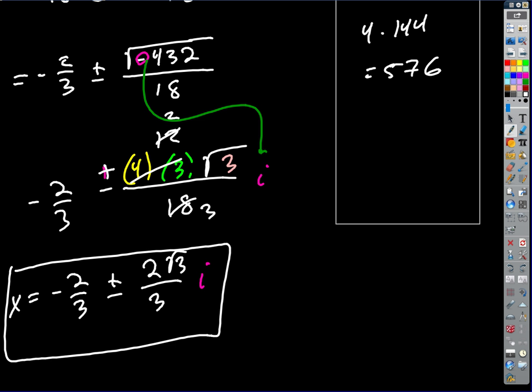But no, you can't do that, because this 2/3 is being multiplied by 1, and this 2/3 is being multiplied by something different, and so you can't combine those.